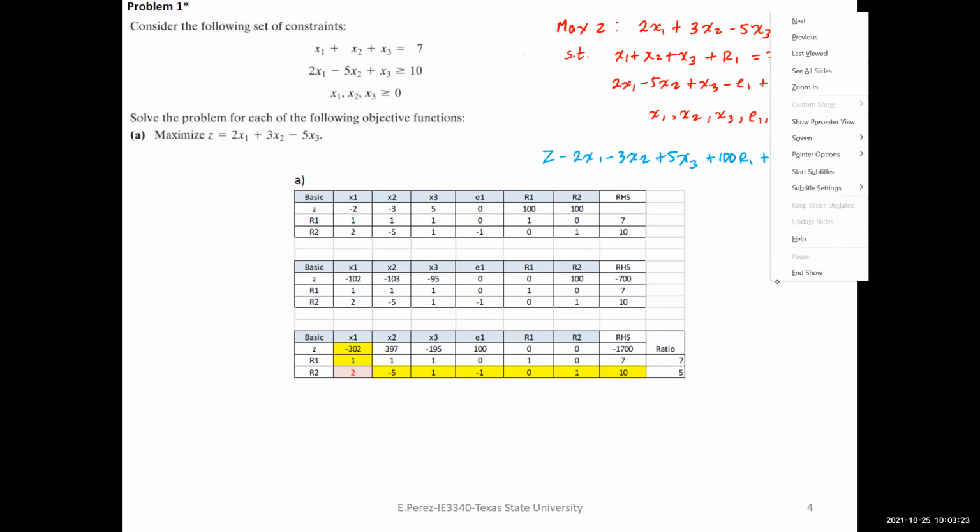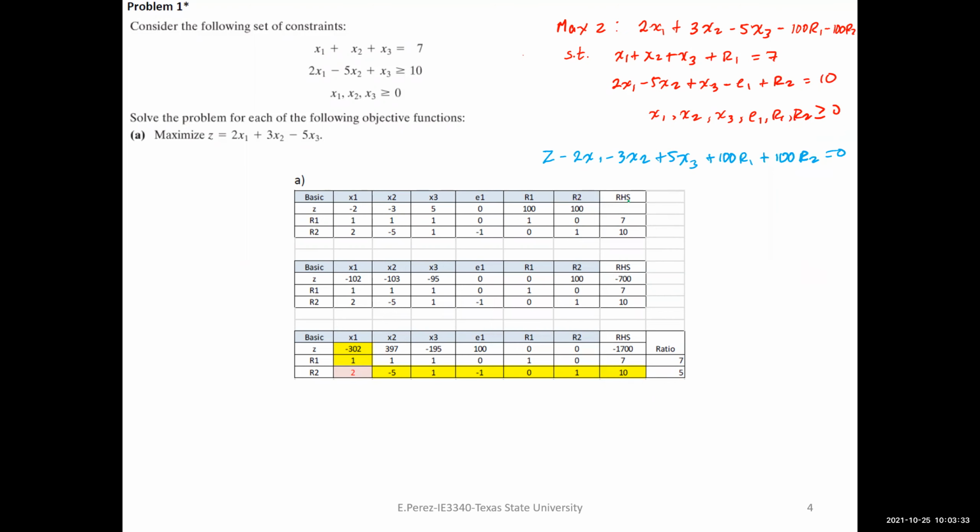The question is what will happen if we have a less than or equal to constraint, right? If you have a constraint like this, let's say x1 plus x3 less than or equal to 5, and this is not part of the problem, I'm just adding it to answer your question.